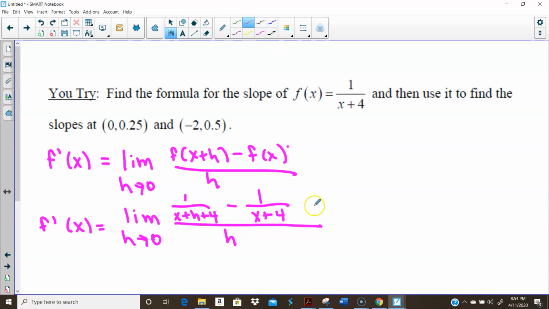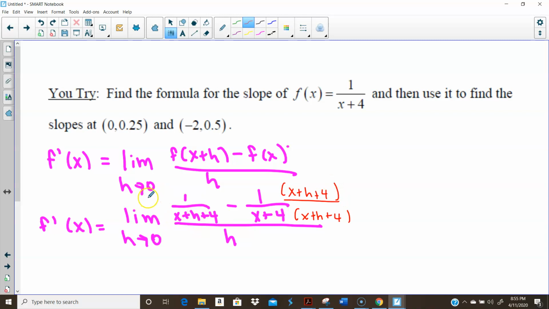We are going to go ahead and get a common denominator in the numerator. I can't directly substitute because 0 would be in the bottom of the fraction. So this fraction I'm going to multiply by x plus h plus 4, top and bottom, x plus h plus 4.